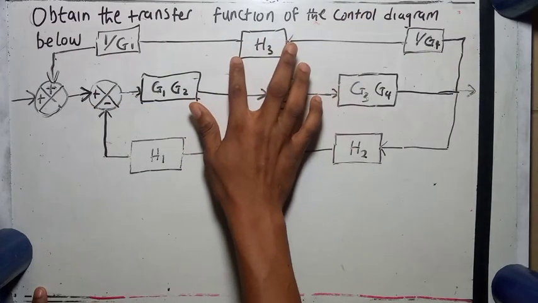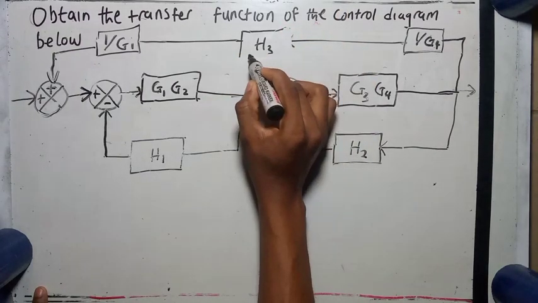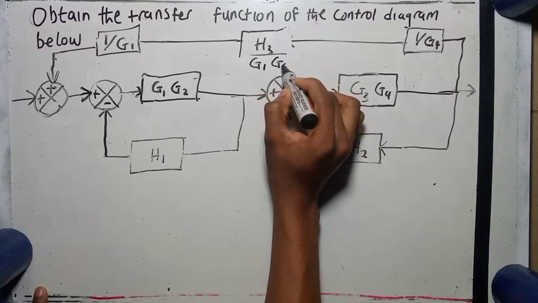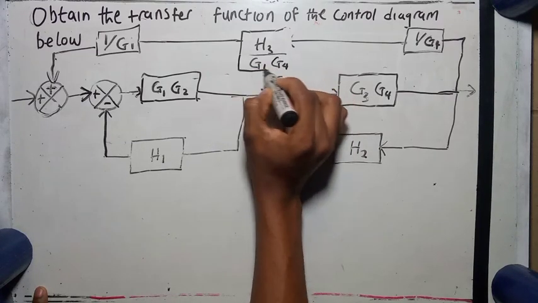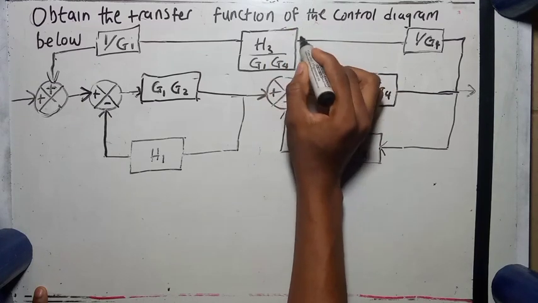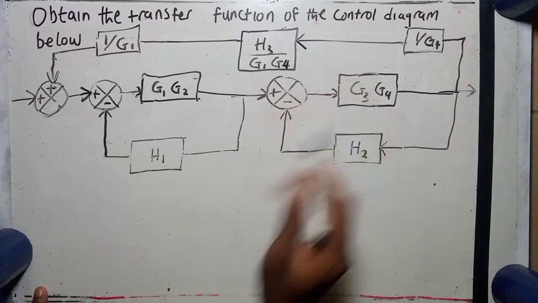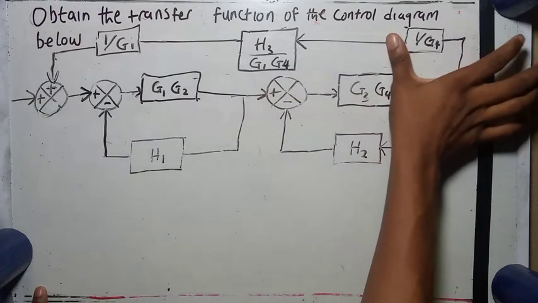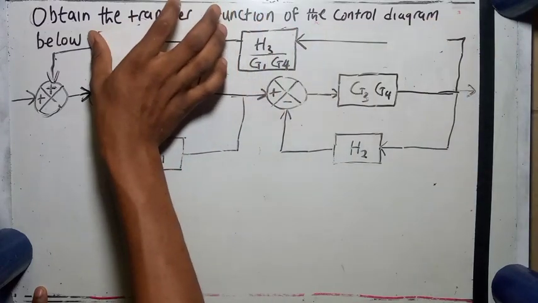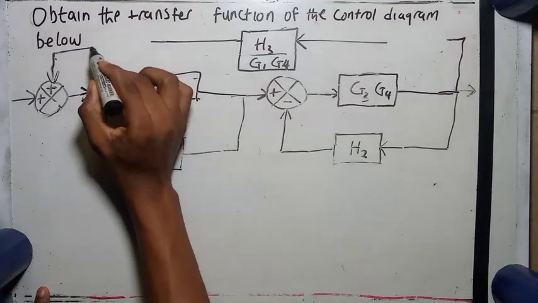So if we are to do that, we'll be having a transfer function that looks like this. So this is 4. That's 4. This will go off. And you have succeeded in multiplying all of them together.